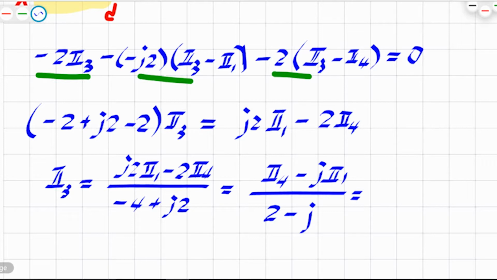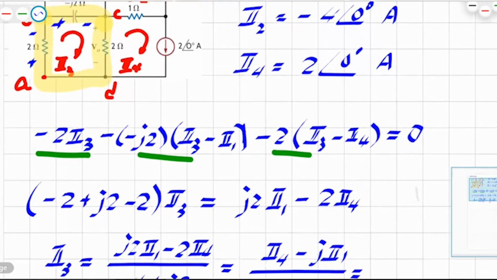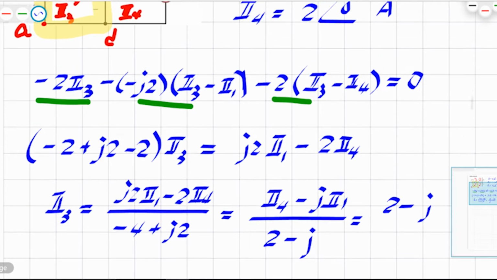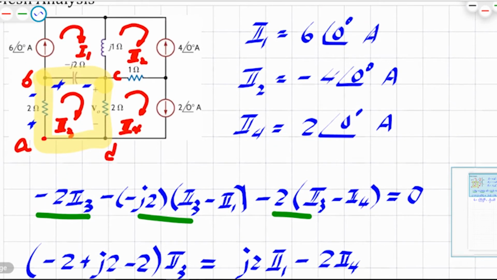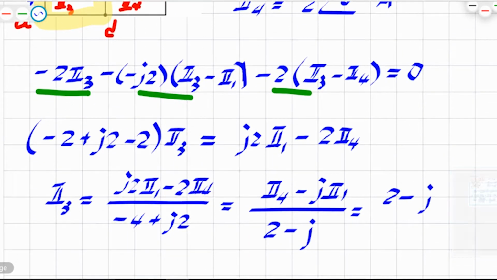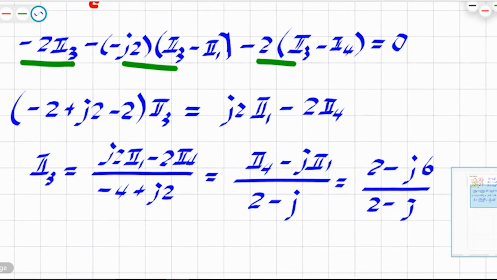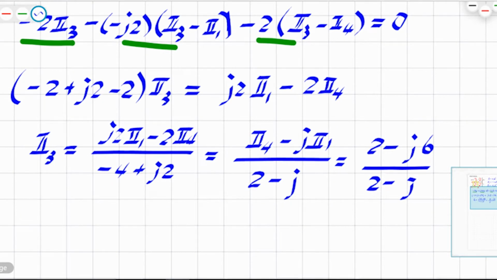So we're going to put everything in here. Remember, I4 is equal to 2. So this is 2 minus J times I1. I1 is 6. So we have 6 here divided by 2 minus J. So once again, we can do it either way.